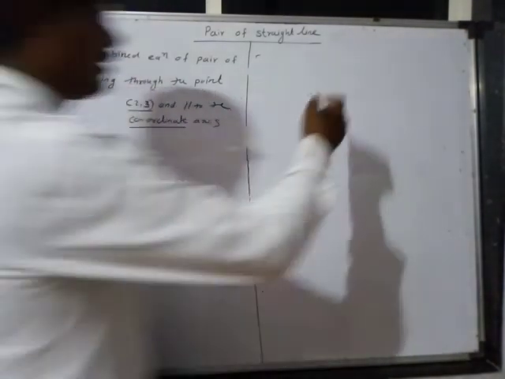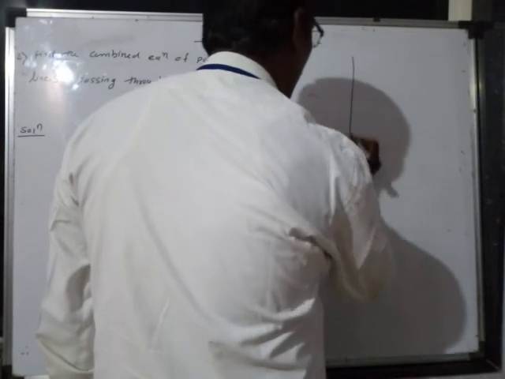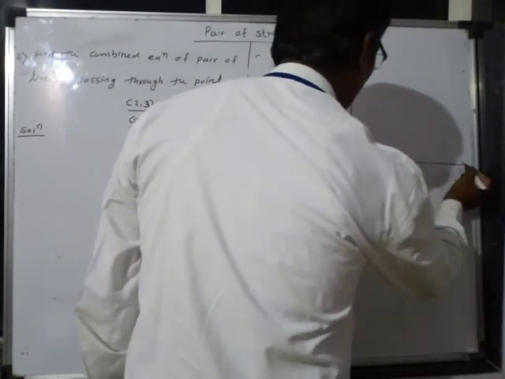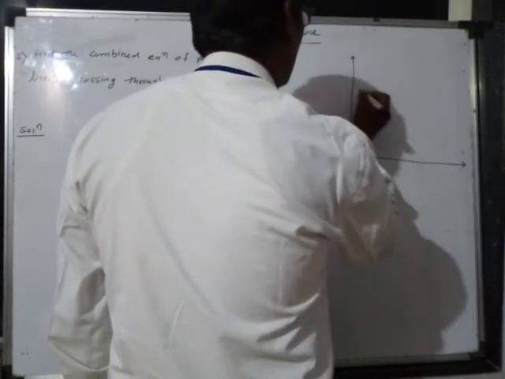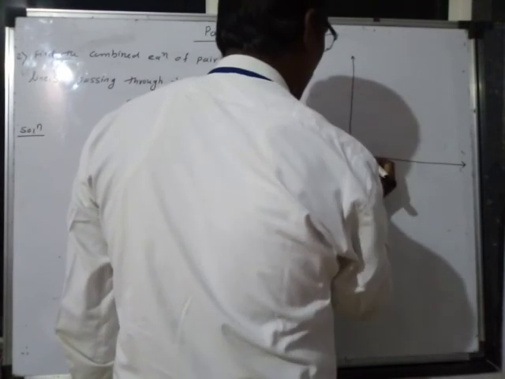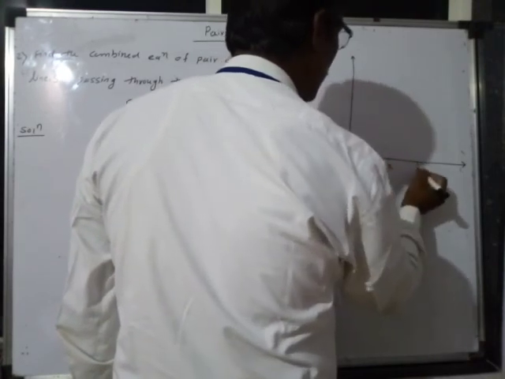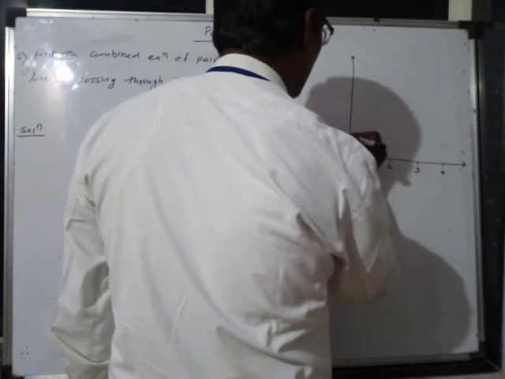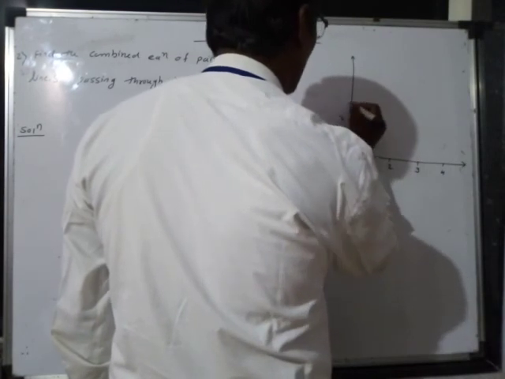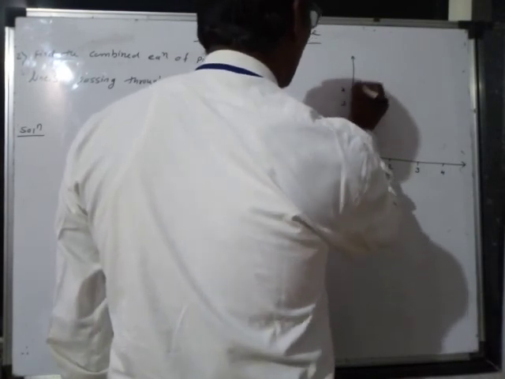Suppose this is 1 2 3 4 and 5 etc. Okay, this is x axis, this is y axis.